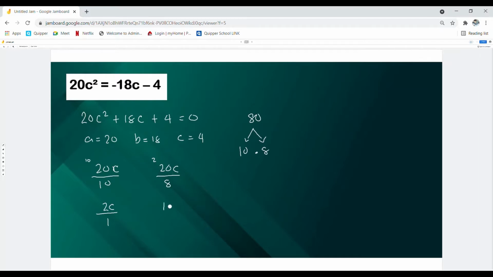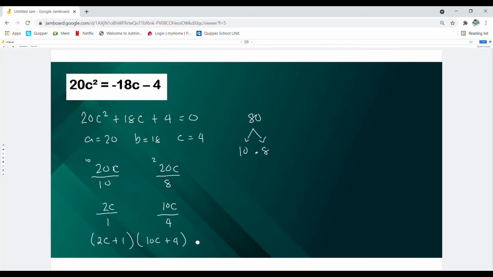You have a 10c over 4. Though it's not yet the lowest term, that's not the target. We just have to reduce it in such a way that we can return what we borrowed. Okay, and you can write it now 2c plus 1 and then 10c plus 4.